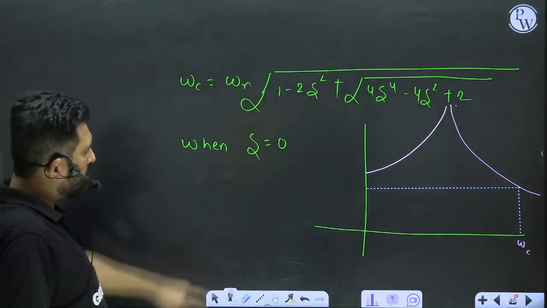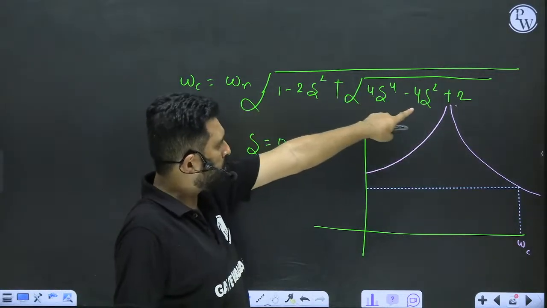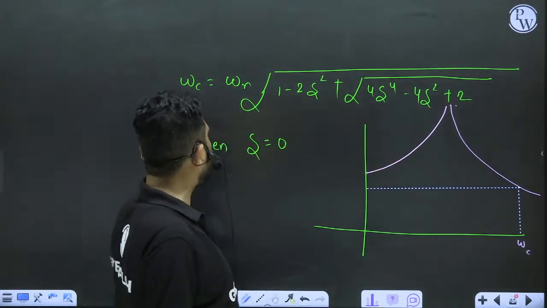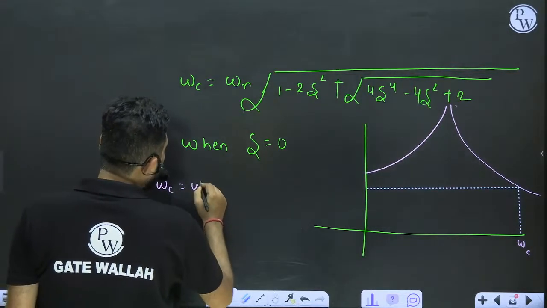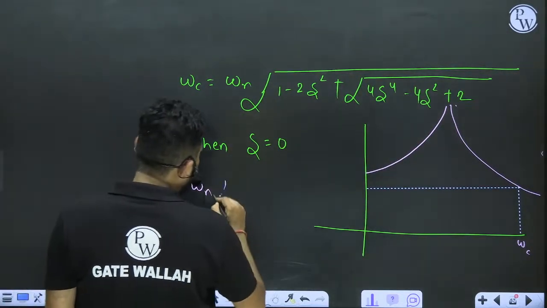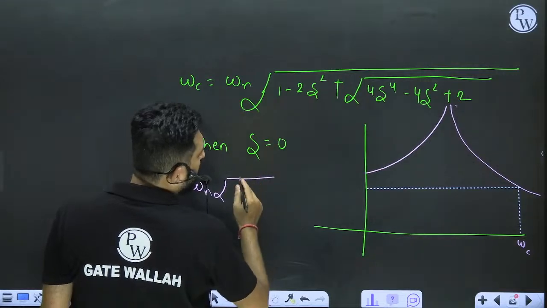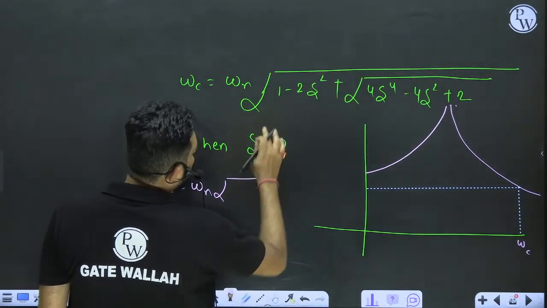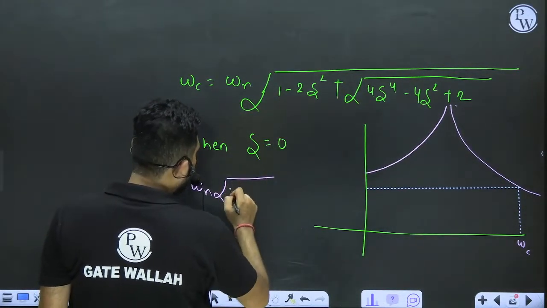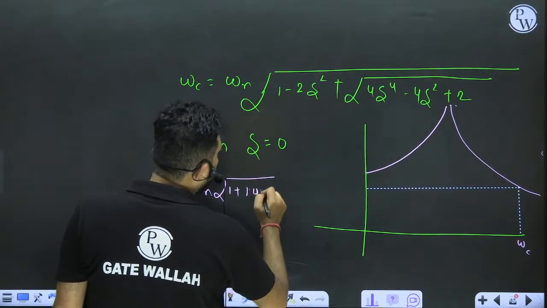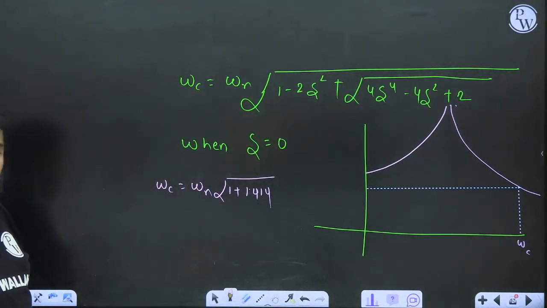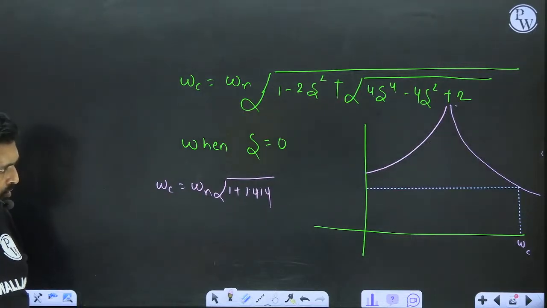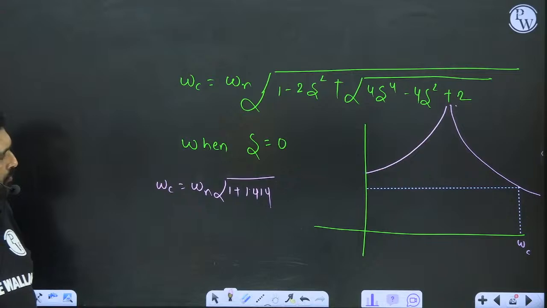It is this 0, this 0, this 0. 1 plus root 2. Omega c is omega n root of 1 plus 1.414. Yes or no? Because everything is 0, no?